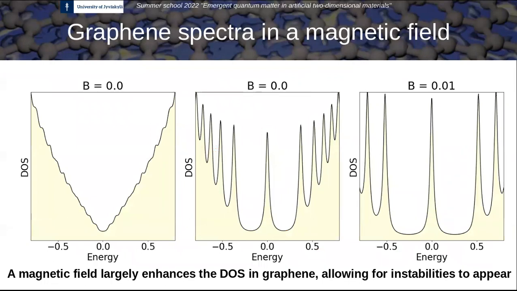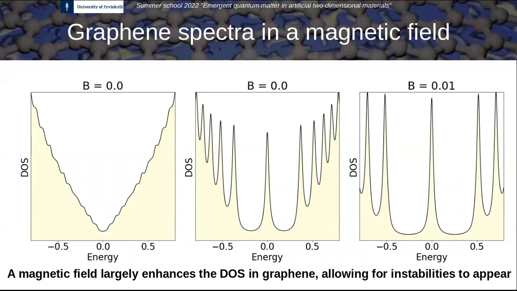And now let us look at how the density of states evolves with magnetic field. And this may remind you of something that we actually saw in the previous session. So if you start with the density of states of graphene, you get a V-shaped density of states. And now if you start increasing your magnetic field more and more, you start developing singularities in your density of states. And it was actually very similar to what we observed in the previous section, that as we change the moiré pattern of a system, we start developing more and more van Hove singularities.